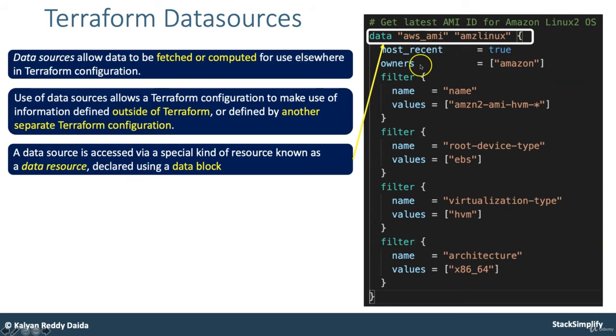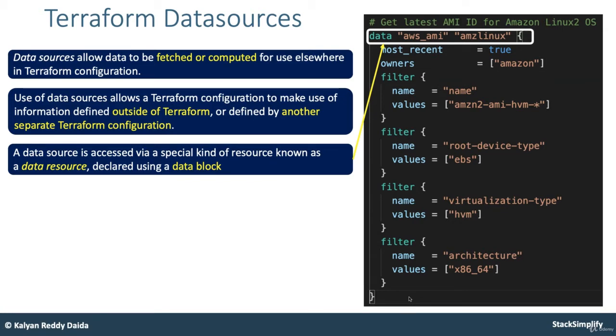What this data resource is going to do is get the latest AMI ID for the Amazon Linux 2 OS. I said most_recent is true, and then I provided the owners; the owner of my AMI ID is Amazon. I have also defined additional filters to find it from the pool of all the AMI IDs present in Amazon.